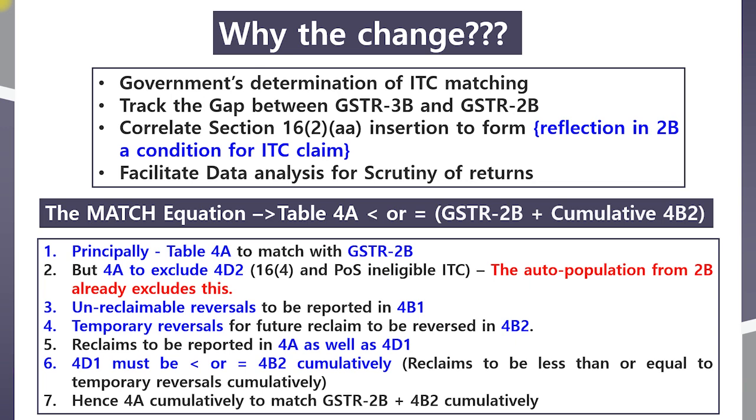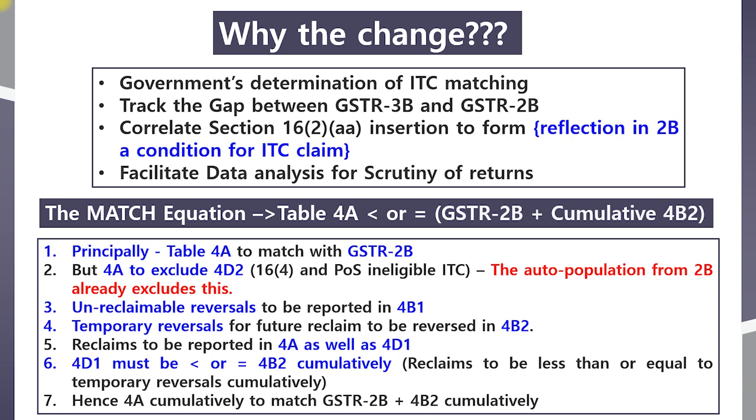The only exception is the ineligible ITC owing to 16(4) and the POS which we just saw, that has to be excluded from 4A and directly reported in 4D2. And permanent or unreclaimable reversals to be reported in 4B1. Temporary reversals where we would be claiming in future to be reversed in 4B2.